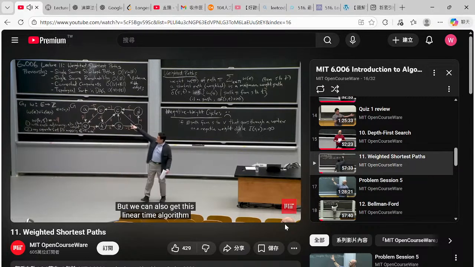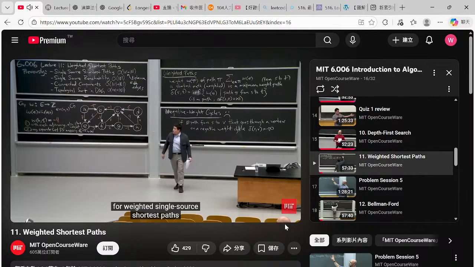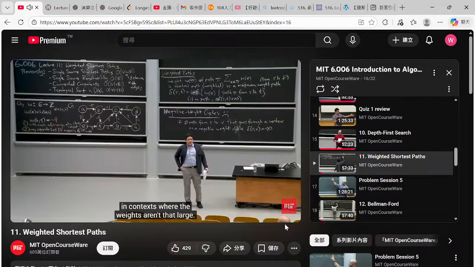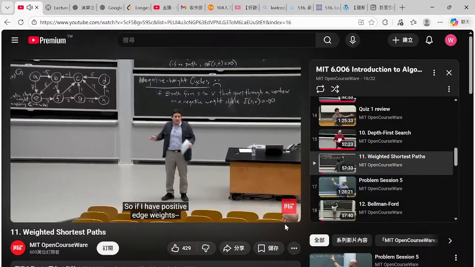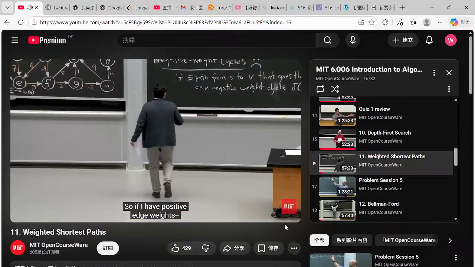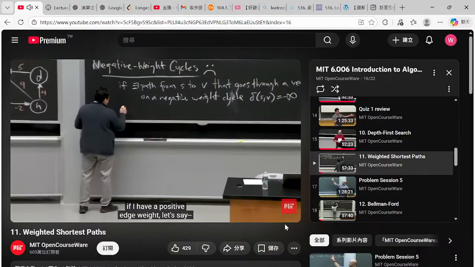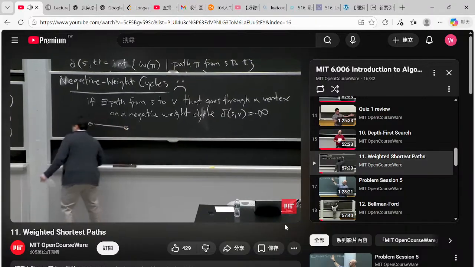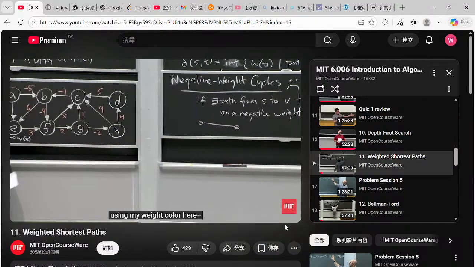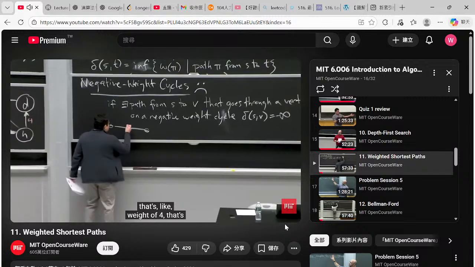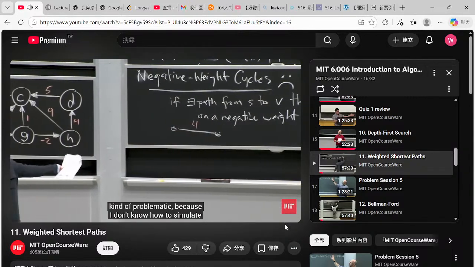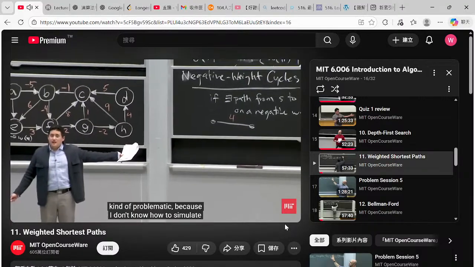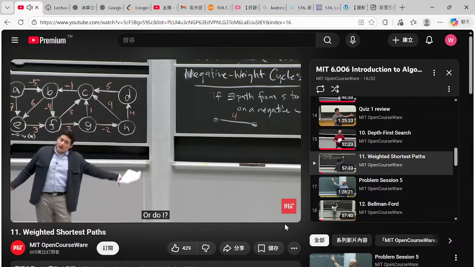But we can also get this linear time algorithm for weighted single source shortest paths in contexts where the weights aren't that large, okay? So if I have positive edge weights, right? If I have a positive edge weight that's, say, using my weight color here, like weight of 4, right? That's kind of problematic because I don't know how to simulate that using an unweighted graph, or do I?